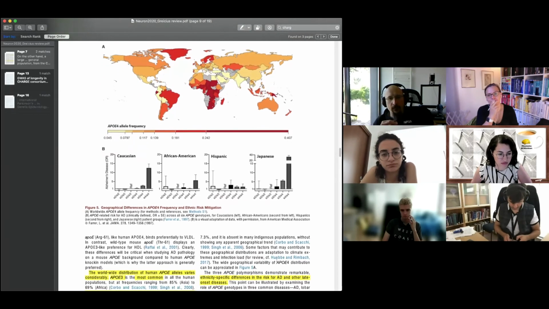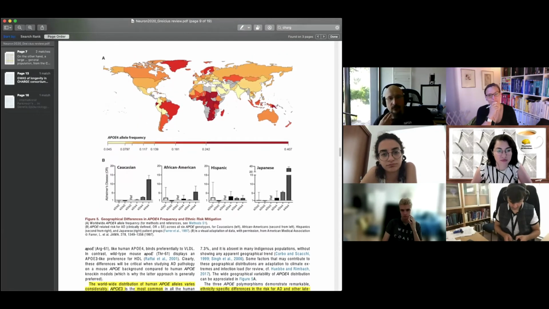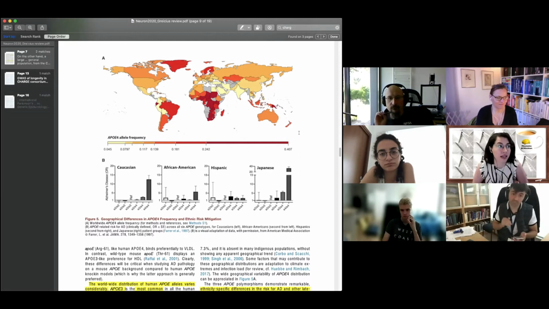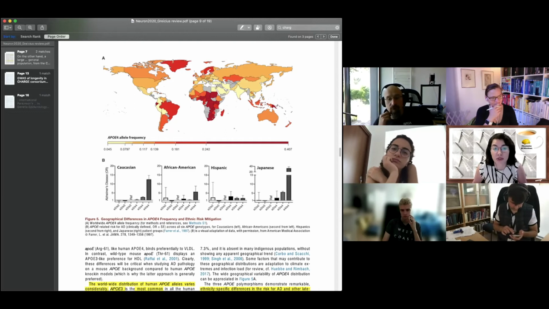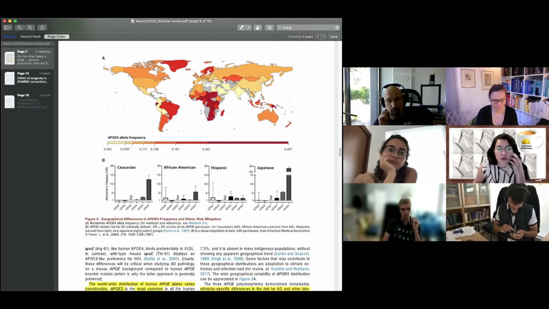And this map is pretty cool too. They also try to say that maybe there is a climate adaptation to higher or lower temperatures, to find an explanation of these. But when I was reading these statistics, I was thinking, do we have the same data sets in northern countries and in Africa?